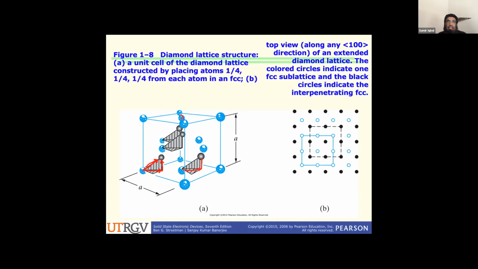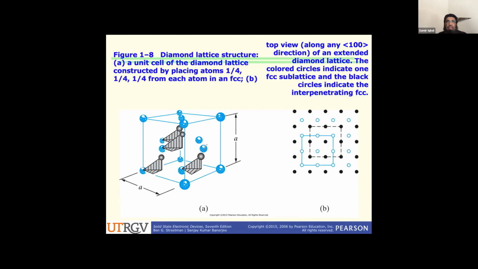So this was face, this was corner, and then there was center. No, these are 1/4 moved away from every atom. So what we are showing here is we have just picked some atoms. We have shown the distance 1/4, but trust me, all these black ones are 1/4 from every other atom.